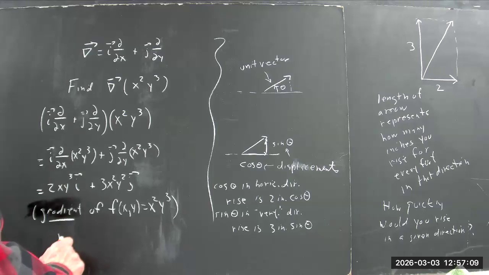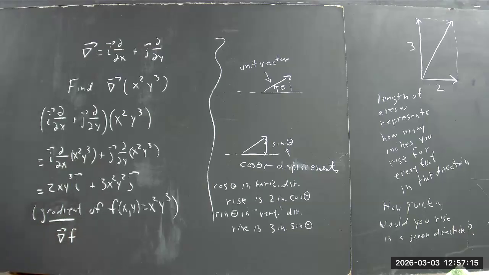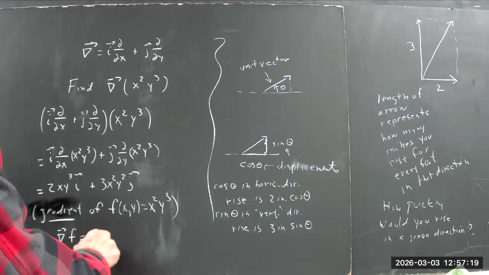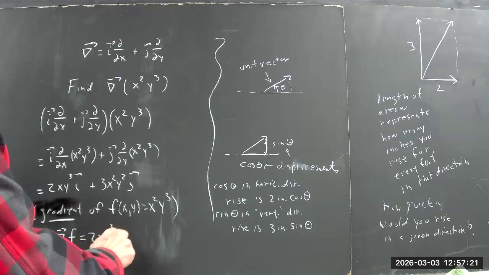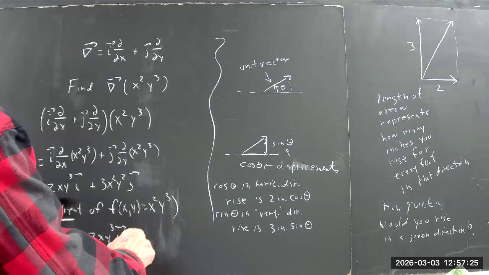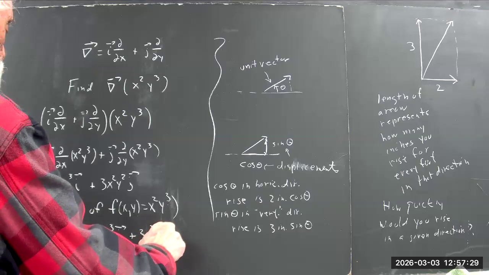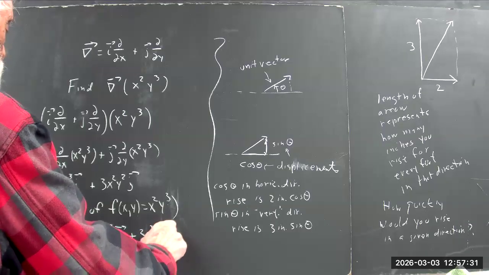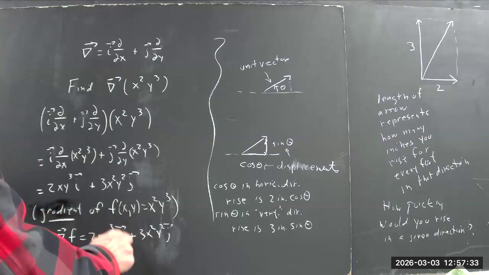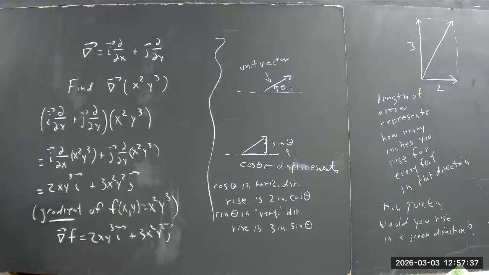Can we write that as del f? And we read it as del f. And just to be explicit, for f of xy equals x squared y cubed, del f is 2xy cubed i plus 3x squared y squared j. Okay?